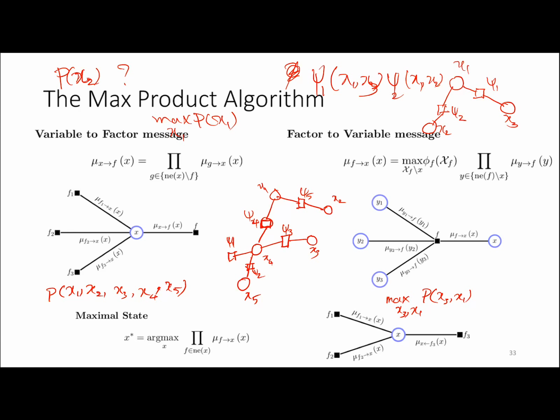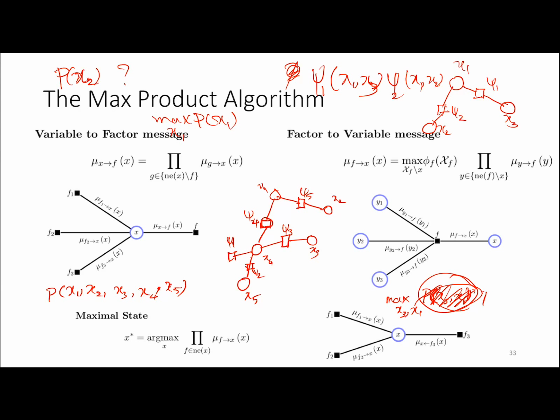Now, what I want is to maximize over a subset of this, right? So what should I do? First, I have to compute this and then do maximization. So let me make it slightly easier. Let's say I'm not interested in p(x1, x3).